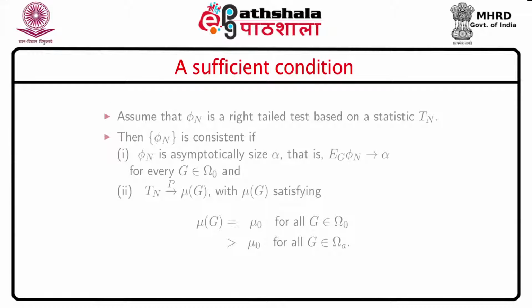Now, we shall provide a sufficient condition for consistency, which will be easier to verify in practice. Assume that phi n is a right-tail test based on a statistic Tn.